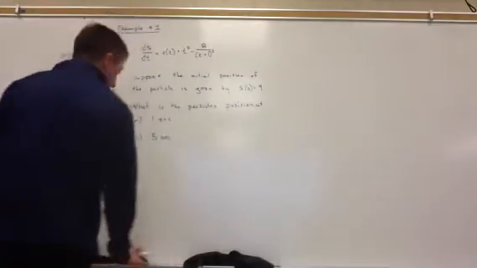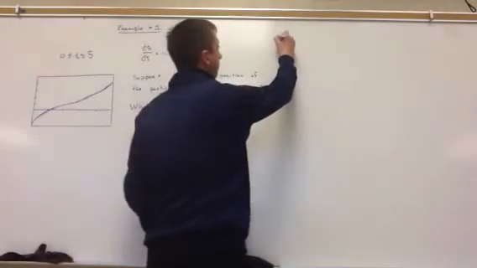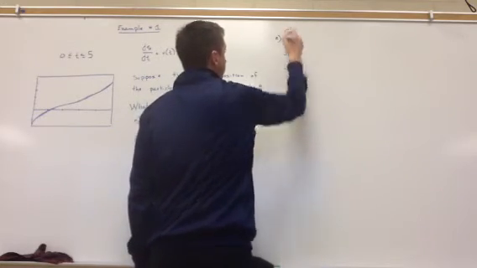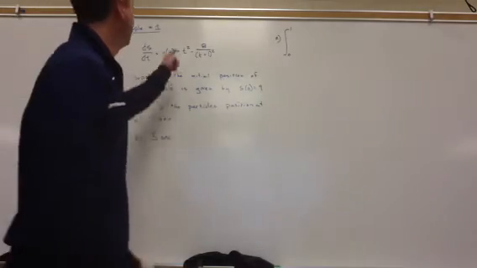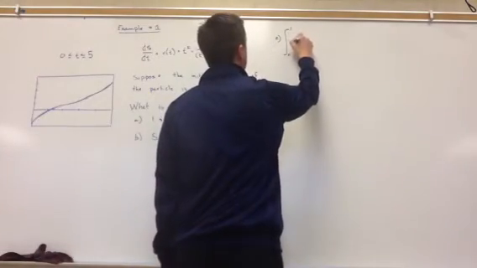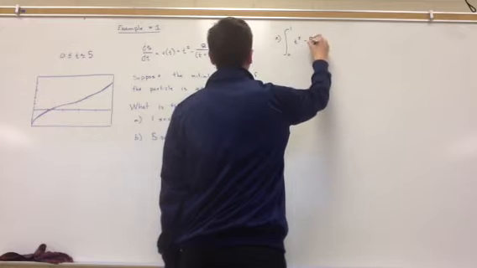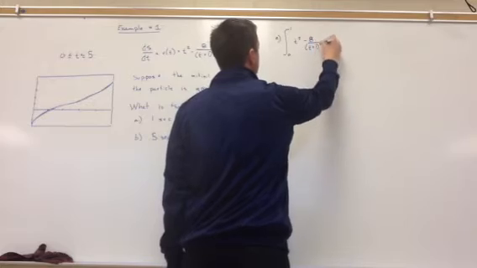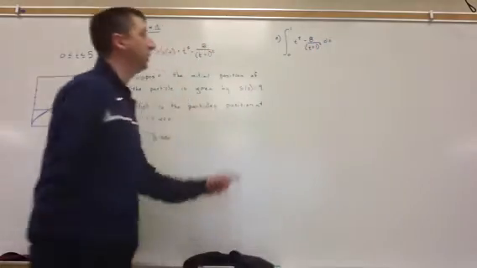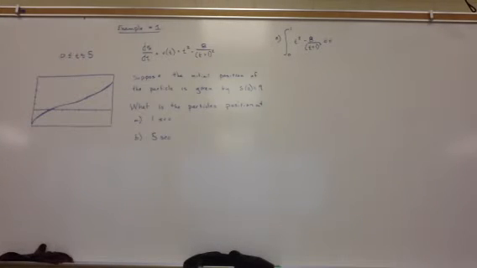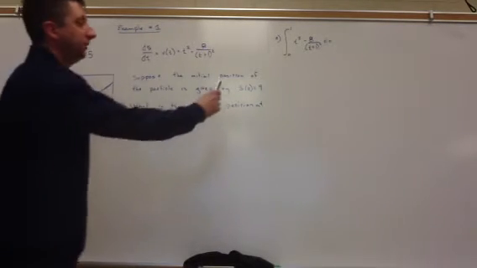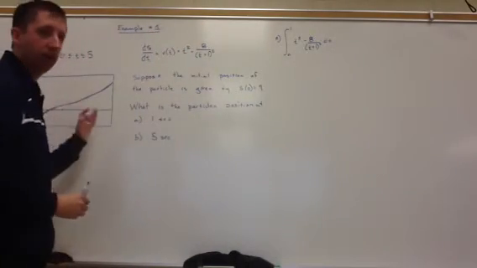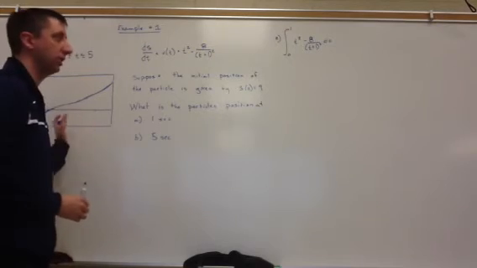So for part A, if I look at the integral of my velocity function between 0 and 1, it's going to give me the integral of (t squared minus 8) over (t plus 1) quantity squared dt. If I look at that integral between 0 and 1, that's going to give me the displacement of my particle, meaning where has it gone in relative position to where it started.